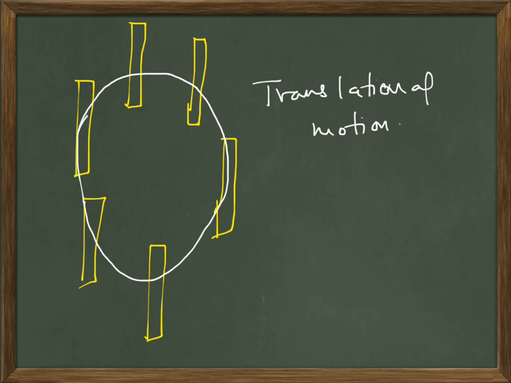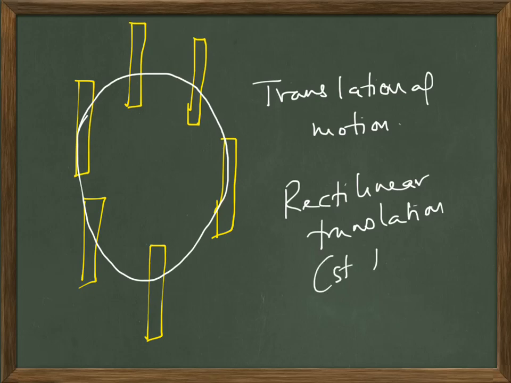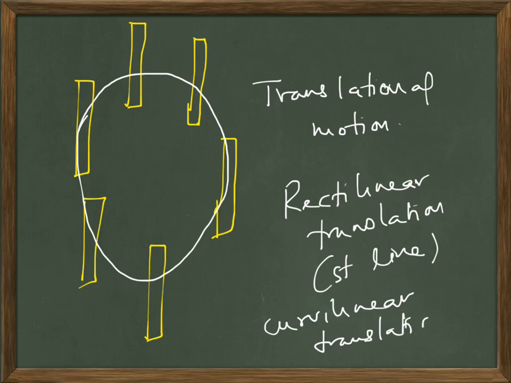Of course, if the stick goes in a straight line, we call it rectilinear translation. If it goes in a curve, as I have shown in this diagram, that is called curvilinear translation. You might say the stick is going in a circle in this case. I will also name the points on the stick A, B, A, B, but actually it is undergoing only translatory motion. That is the idea here.